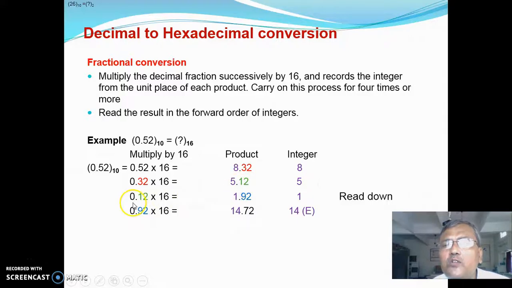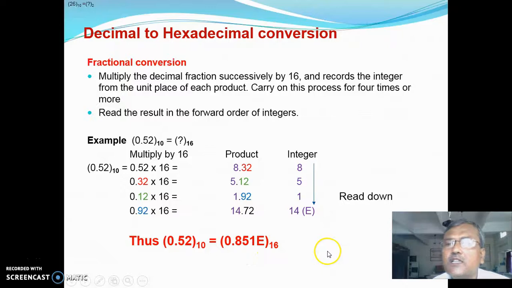This process continues up to 3 or 4 times, depending upon your accuracy. If you see the last one here, we get the integer 14, but there is no digit 14 here, the 14 corresponds to E here. So therefore 0.52 to the base 10 is equal to 0.851E to the base 16 here.